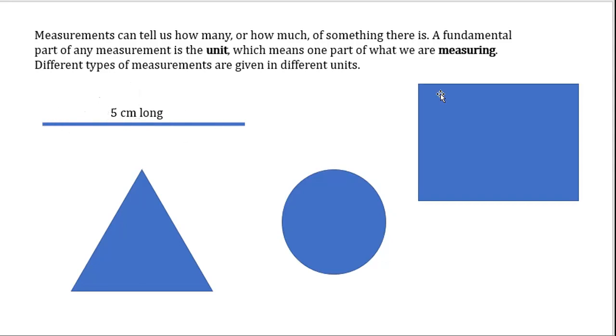Now this line can represent a line on a triangle, a line on a square, and it can even represent the line that forms the circle or even the diameter of the circle. The difference between the line being straight and a circle is that a circle is curved, and it has a width.